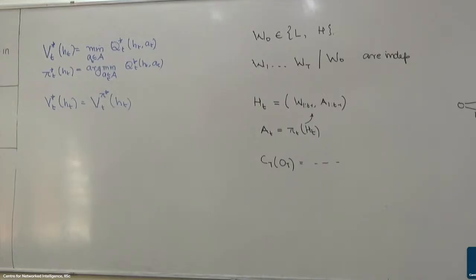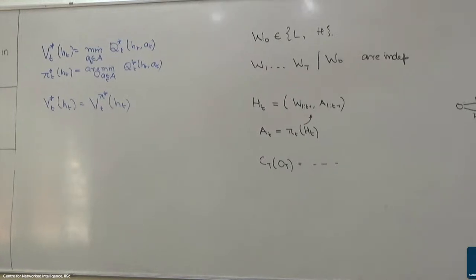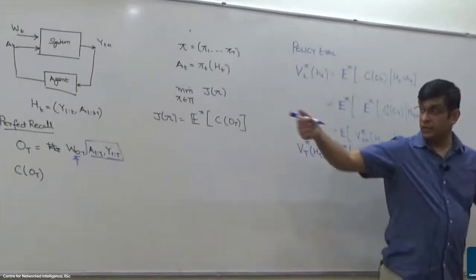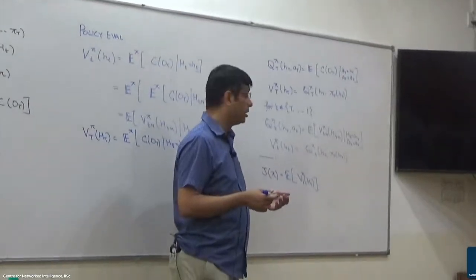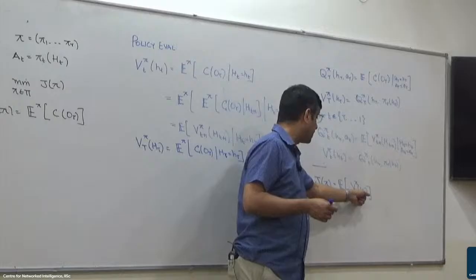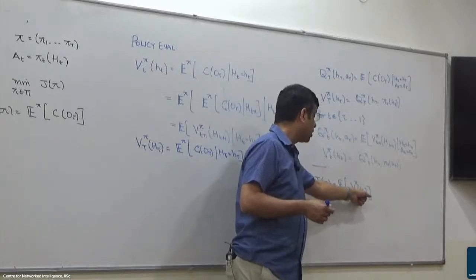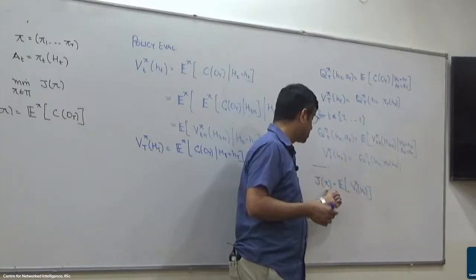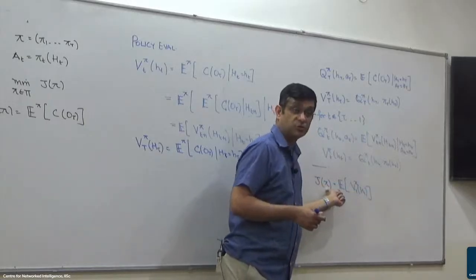This is under policy π, because history 1 has some distribution. In the example that I gave, it is just whether nature chose 0 or 1. I don't see anything in that case, but I could have some observation at time 1. I average over that observation, and that gives me the performance of the policy.